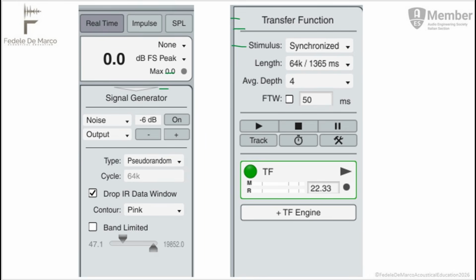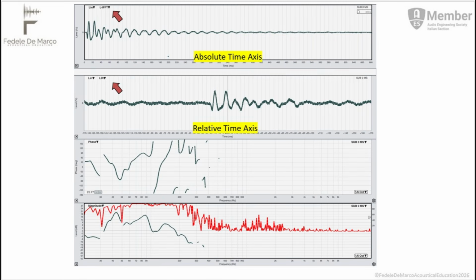To optimize the live IR reading, we must set the signal generator to pseudo-random, matching the transfer function length. For the stimulus, we use synchronized mode. Once LIFFT is active, the live IR can be displayed in two ways. One, LIFFT. It uses an absolute time axis.